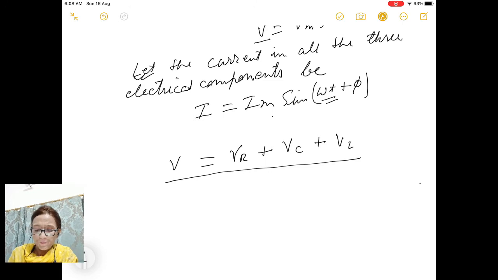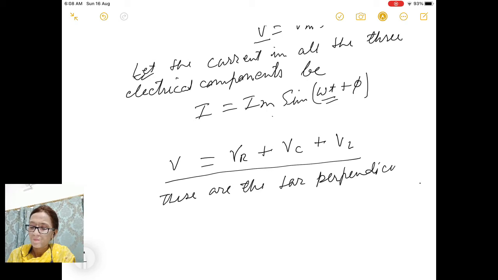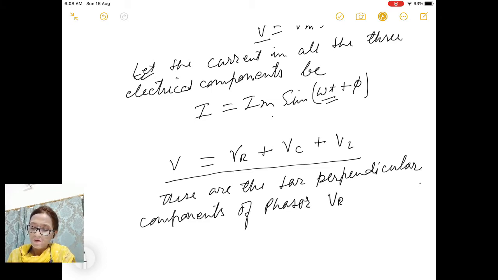These are the perpendicular components of phasor VR.